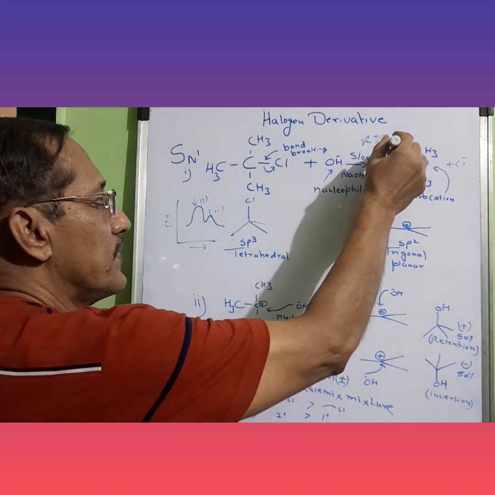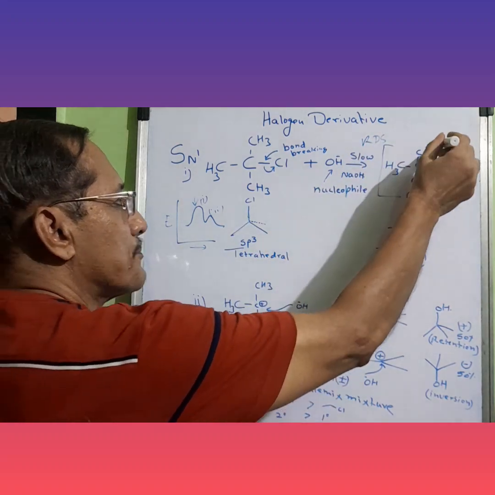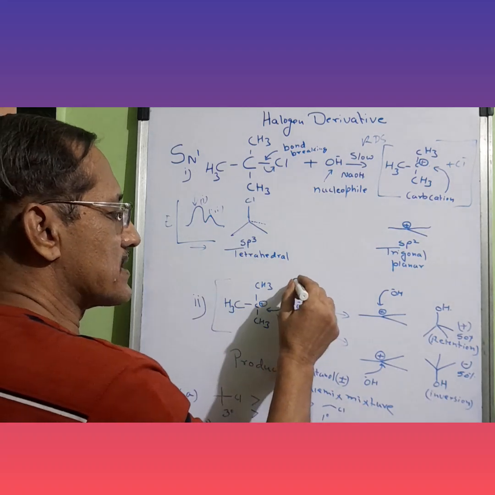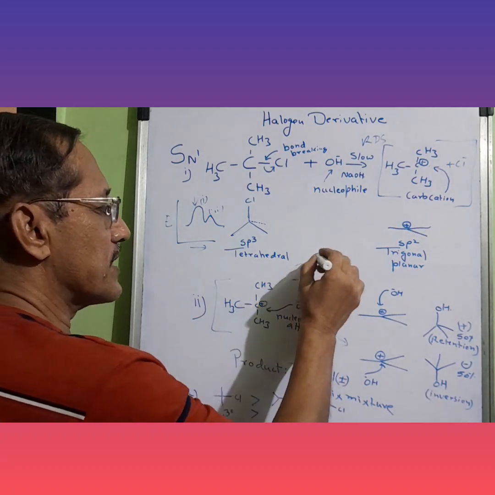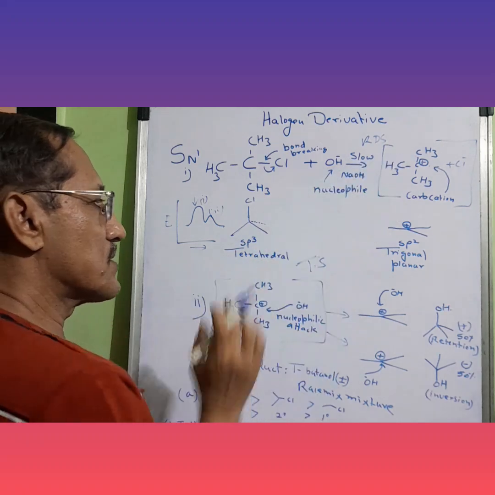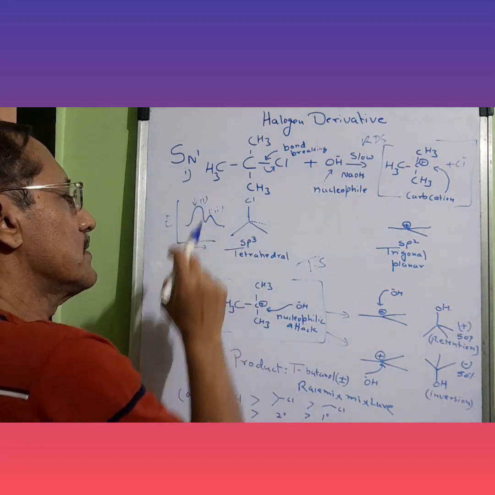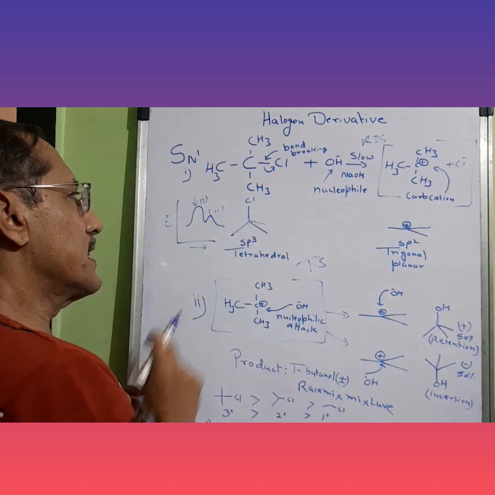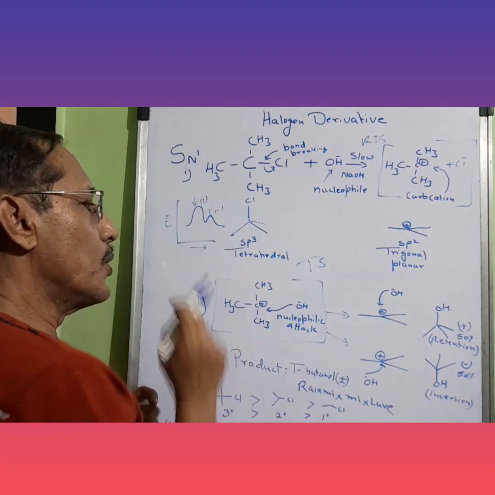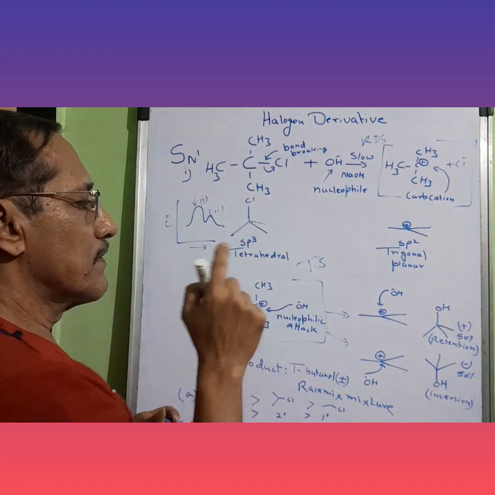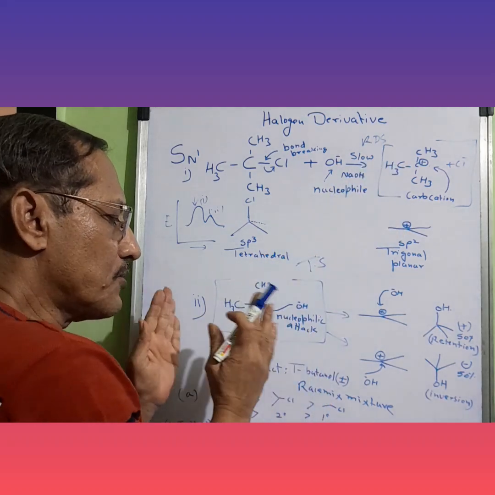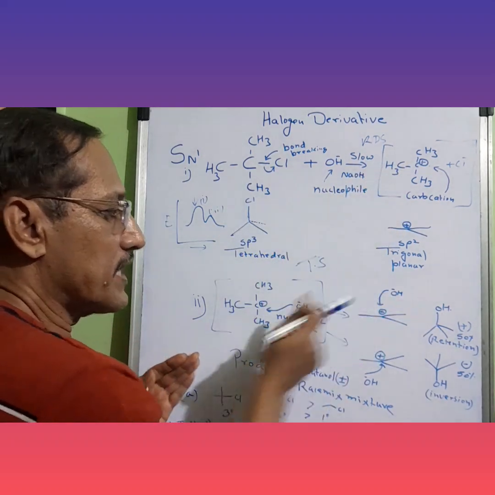We call this the TS, that is, the transition state. It is absolutely unstable. These are transition states; this one is bond breaking, high energy, slow step, and this is bond making, low energy, fast step. As soon as this is formed, it has to form this.